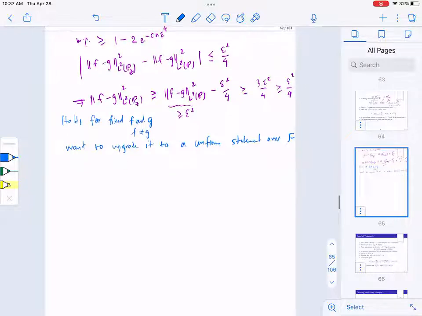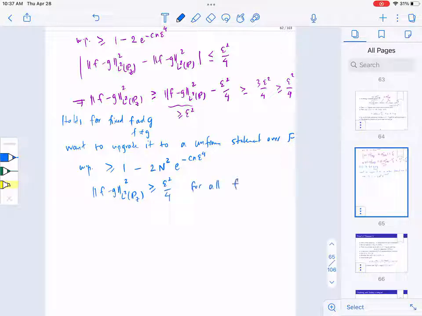What should I do? Yeah, so union bound, this would give me probability 1 minus 2, how many pairs do we have? N squared, right? e to the negative c n epsilon to the 4. And then the same statement: norm f minus g L2(P_z) squared is bigger than or equal to epsilon squared over 4 for all f and g in F not equal to g. And this is what we wanted to show, right?